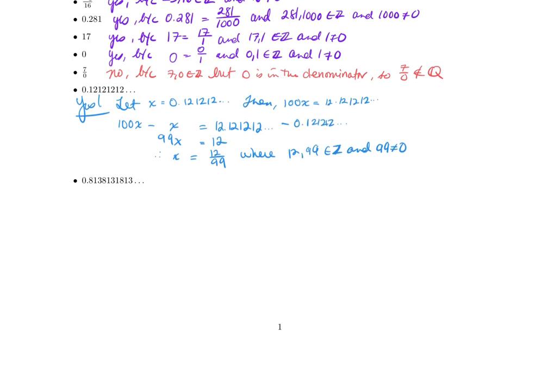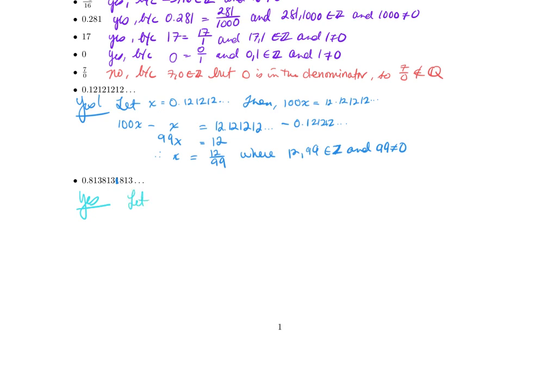It's our last example on this page. I have 0.813813813, and I forgot to remove, there's an extra one that's not meant to be there. There. This should be 0.813813813813. So let's try to see if we can figure out how this one can be expressed as a rational number, because I will say, yes, it can.